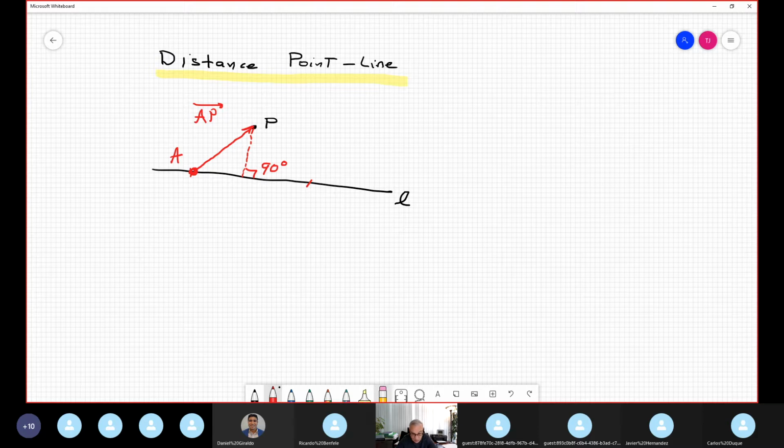Using point A and point P, we can determine the vector in between 2 points. I call it AP. Now, in order to find the distance, I use projection. But what kind of projection? Remember, we have 2 projections. We have projection vertical and projection horizontal. Okay, in this case, what do you think? What projection do we use? Projection horizontal or projection vertical?